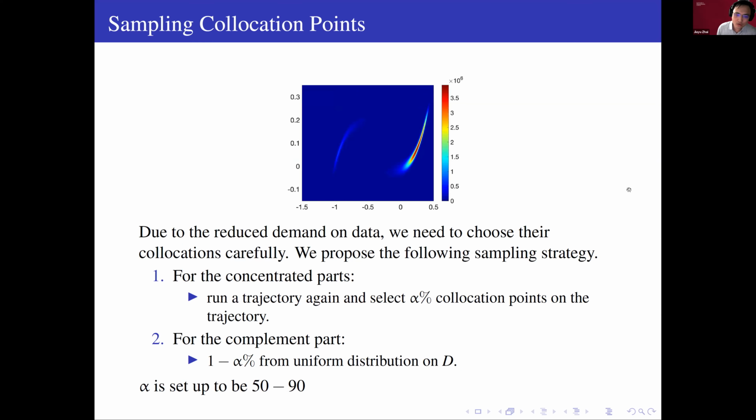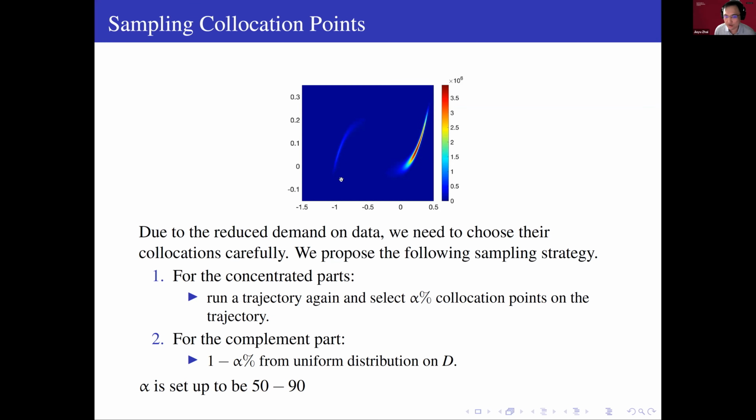Because we only choose very few data points to learn in the learning process, we need to choose them very carefully. Why? Because, for example, in this example, the invariant measure is highly concentrated in just two narrow parts, which means if we uniformly sample the collocation points of this data, it is highly possible all of them will be located in the low density parts.